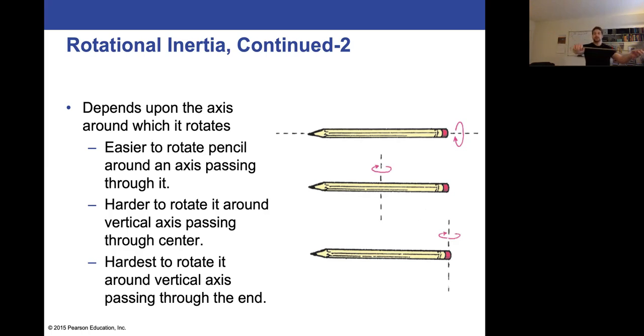And it's even harder still to create motion around a point on its end. Try this for anything heavier than a yardstick, and you'll see that this is true.